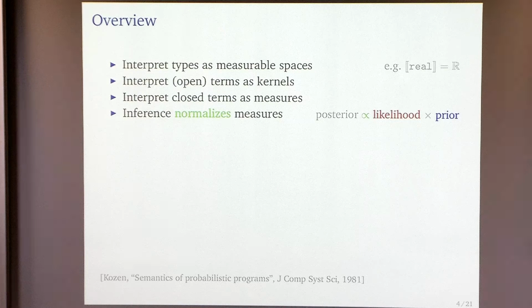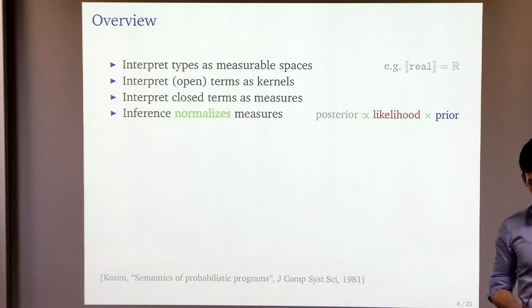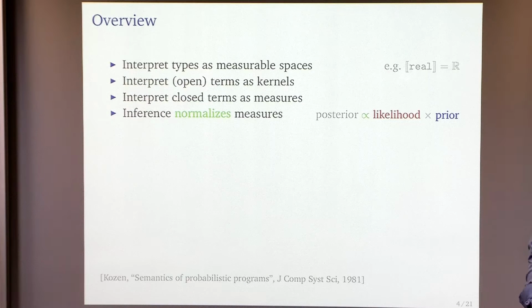And I'm going to interpret programs, statements, which I'm going to take a very academic point of view and call terms, as kernels, so terms with an input type and an output type, if you like. Specifically, that means that the closed terms, the ones without an input type, the ones that just compute something, are going to be interpreted as measures on the measurable space that corresponds to their type. And then inference normalizes these measures.